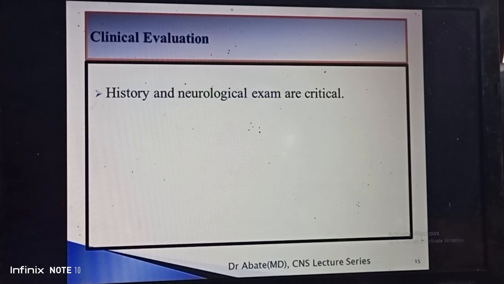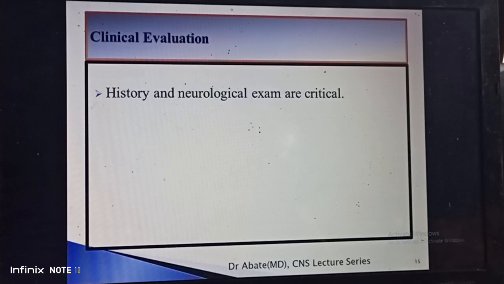As usual for any medical condition, thorough history taking and thorough physical examination are very important, in fact very crucial for your diagnosis, to narrow your differential diagnosis as well as to reach your top diagnosis. You need to take a clear and deep history, and you have to do important neurologic examinations.